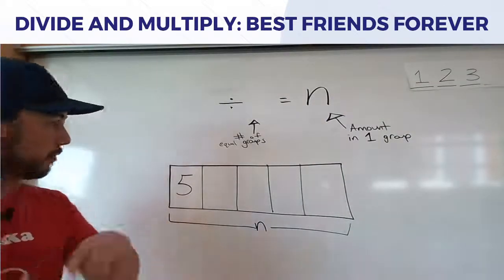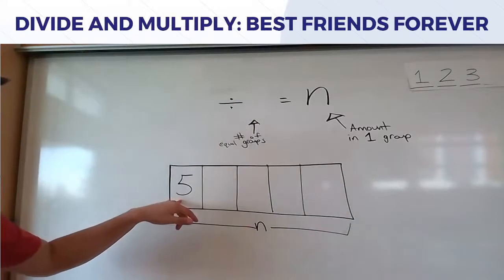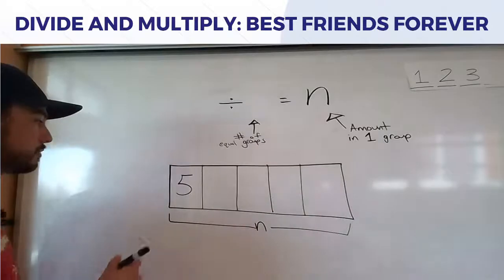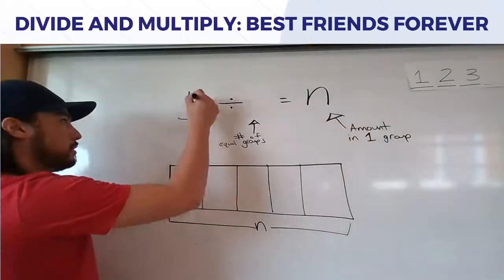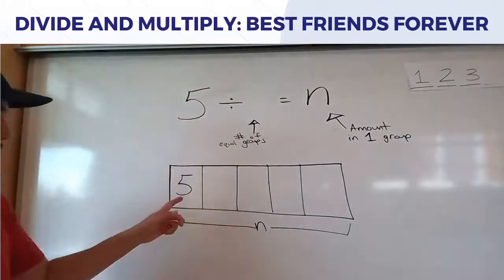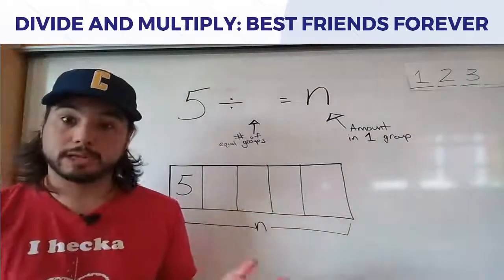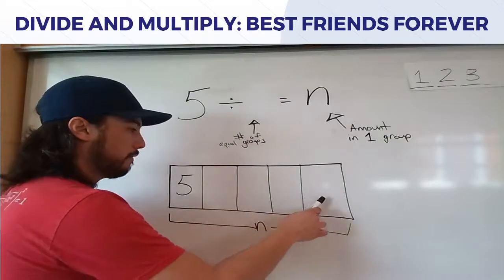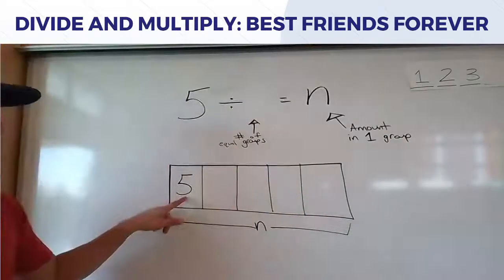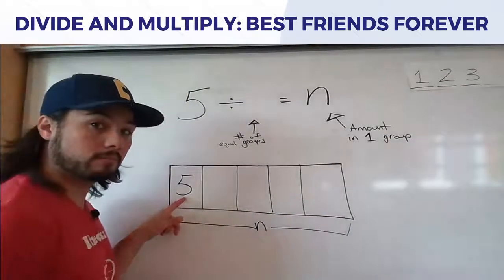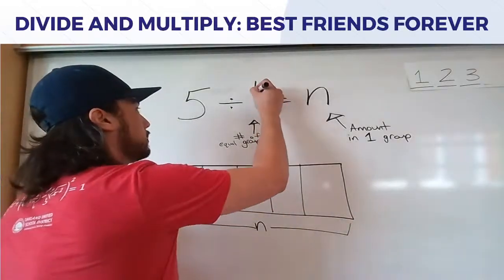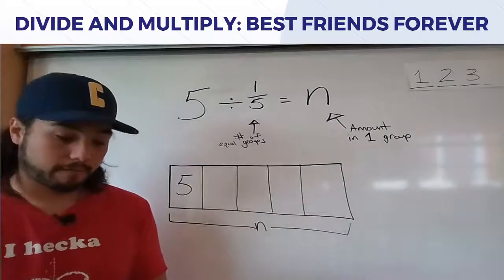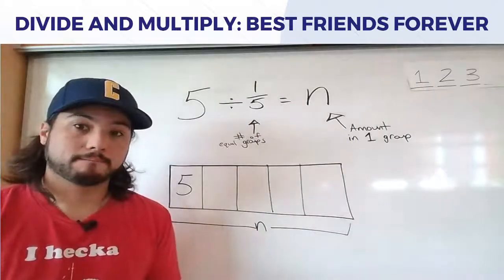And now let's think about it: our 5 is divided into what fraction of n? What fraction of the group? So we've got 5 divided by, and then what are these fractions? How many equal pieces do we have? 1, 2, 3, 4, 5. We've got 5. So this would be 1/5. So we end up with 5 divided by 1/5 equals n.